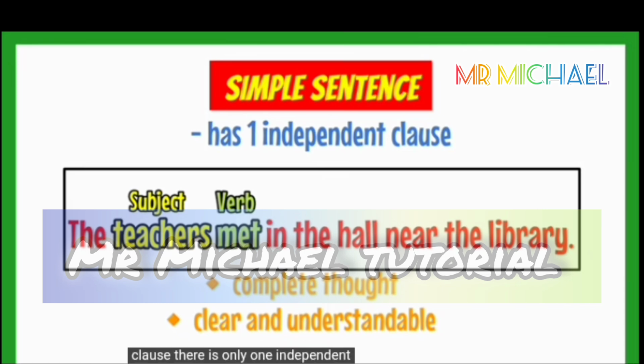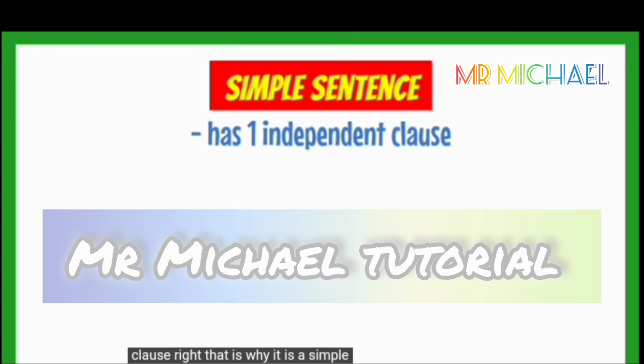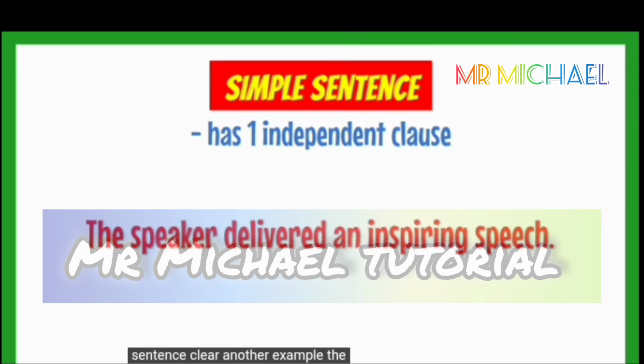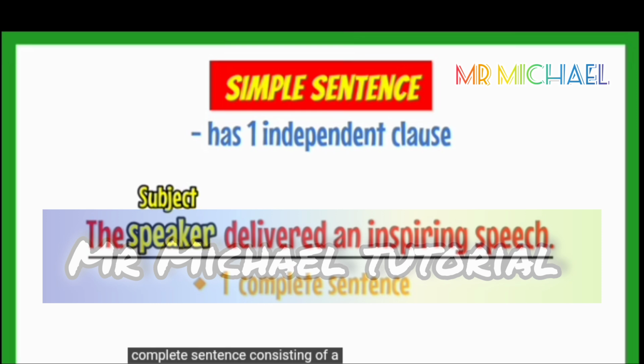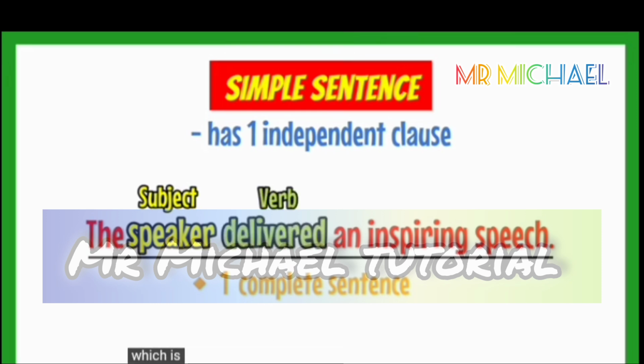That is why it is a simple sentence. Clear? Another example. The speaker delivered an inspiring speech. This is a simple sentence because, again, it has only one independent clause or complete sentence consisting of a subject, which is speaker, and the verb, which is delivered.